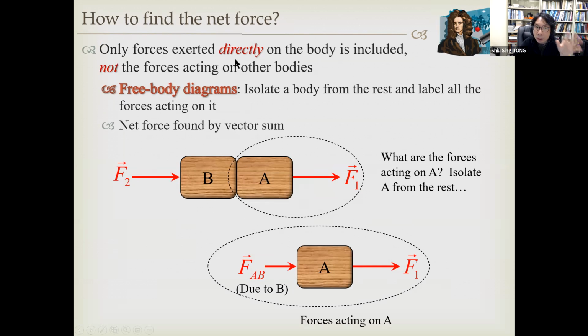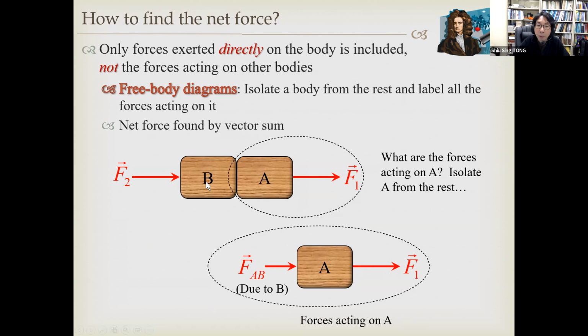That is called the force that makes up the net force. In finding the net force on a system, we use the free-body diagram. We isolate one body or several bodies from the rest of the world, and we draw all the forces acting on that body or that system of bodies.